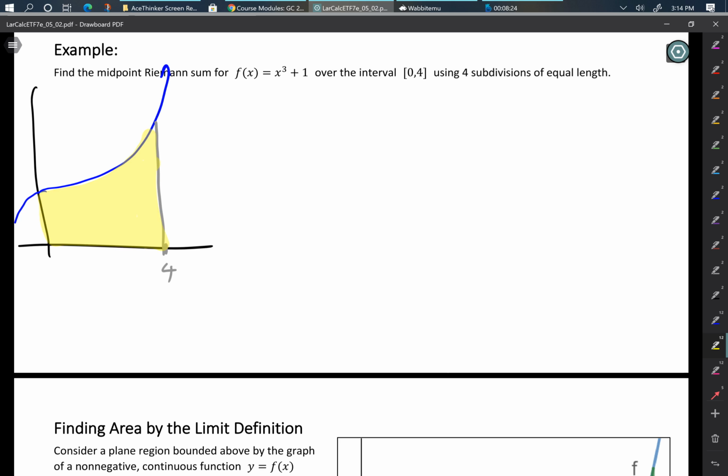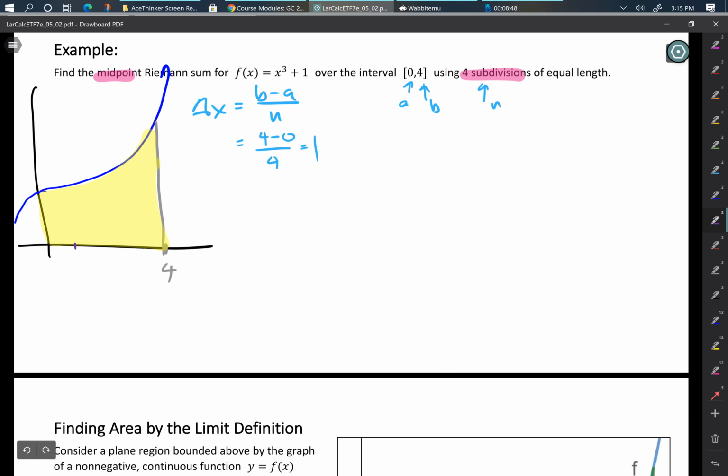I'm supposed to use midpoints and 4 subdivisions. So then the width of each rectangle is going to be 4 minus 0 divided by 4, which is 1. So every rectangle has a width of 1.